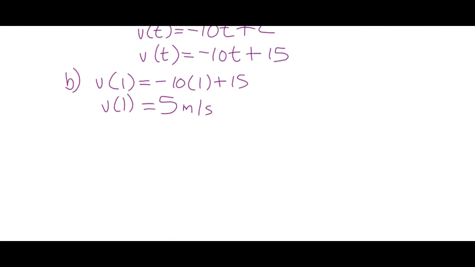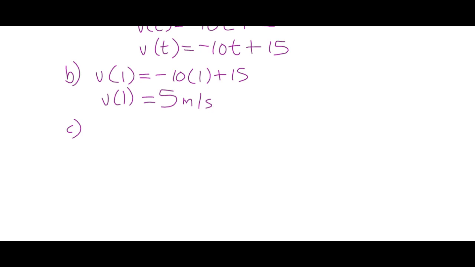C, the maximum height. When does that happen? When velocity equals 0. So the max height occurs when v of t is equal to 0. As long as its velocity is positive, it's going up. If its velocity is negative, it's coming down.